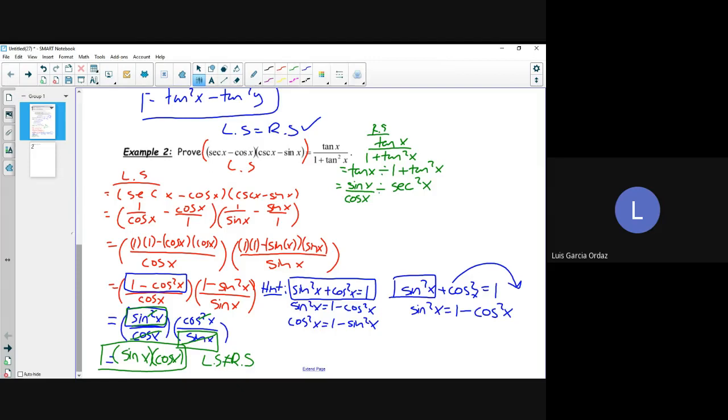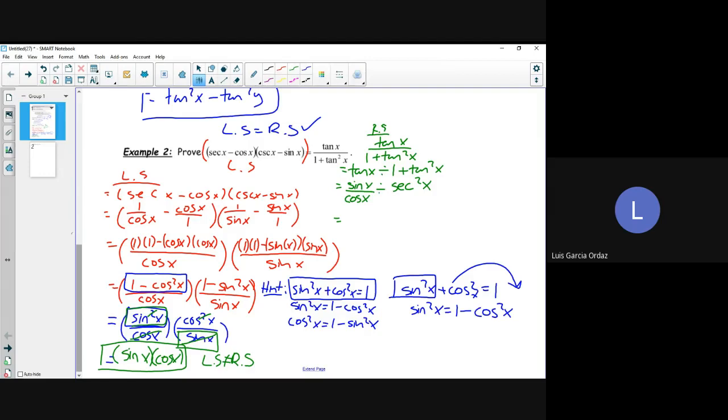So what would our next step be? Is there an identity for secant squared x? So 1 over sine x, but because secant squared is to the power of 2, it'll be 1 over, not sine x, but remember, secant doesn't correspond with sine.